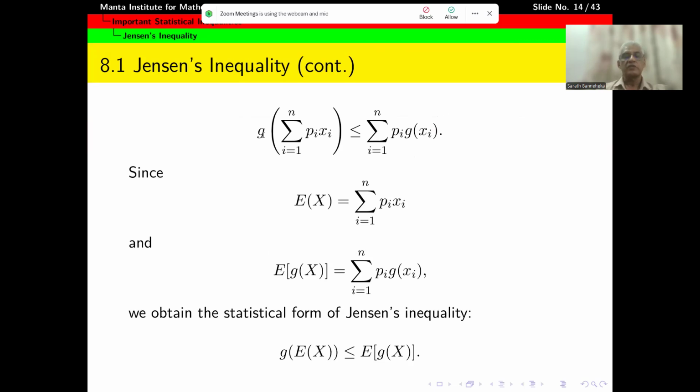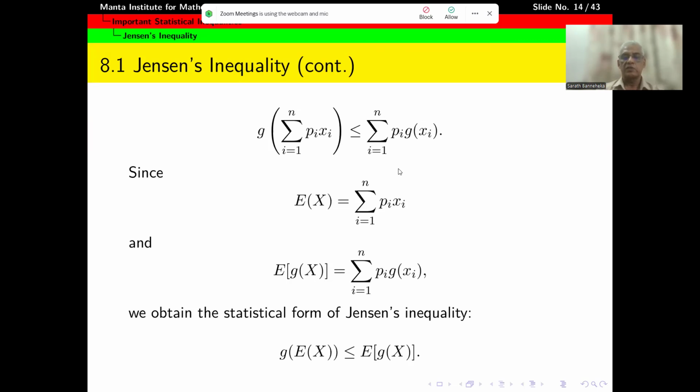If G is convex, then G evaluated at the sum of pi xi should be less than or equal to the sum of pi G of xi. Right. Now, if you consider this quantity, by definition of the expected value, this will be the expected value of x. So what you have here is G of expected value of x. On the other hand, this side is the expected value of G of x.